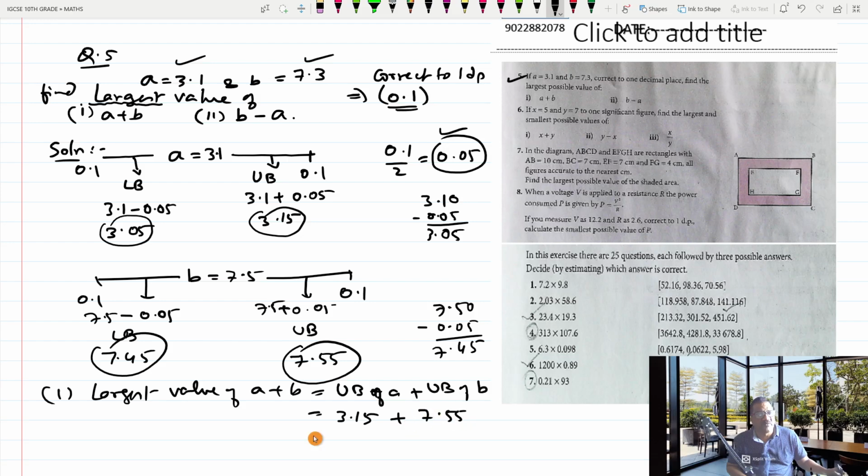If you add these two, 5 plus 5 is 10, 1 carried, 5, 6, 7, and then 7 plus 3 is 10. So you are getting 10.5. Okay, one second. 3.15 plus 7.55. Let me do this.